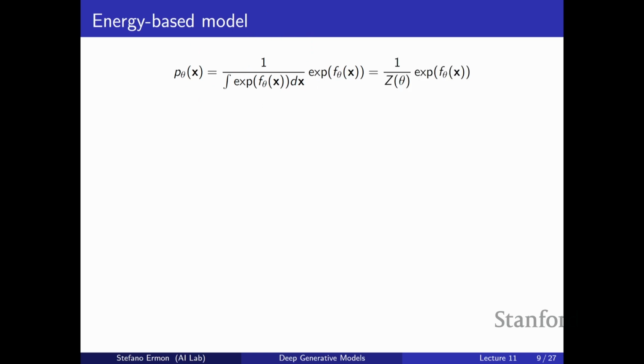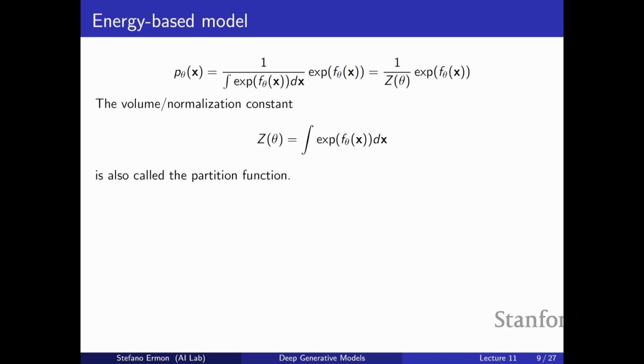So you can start with an arbitrary neural network f theta, take the exponential, get a non-negative function, and then define a valid probability density function by dividing by the partition function, the normalization constant, which is just the integral of this unnormalized probability. That's the definition of an energy-based model.